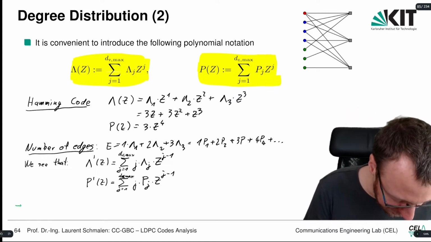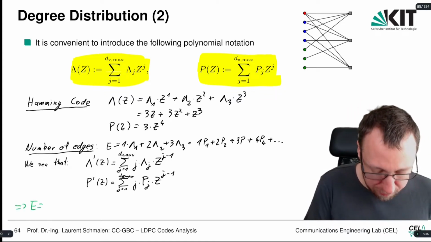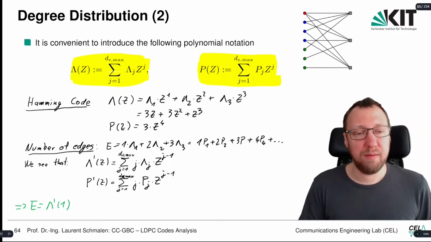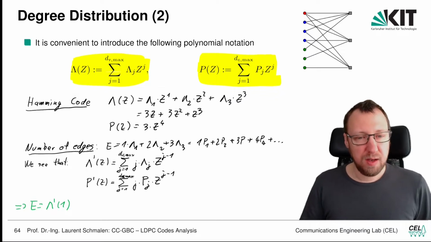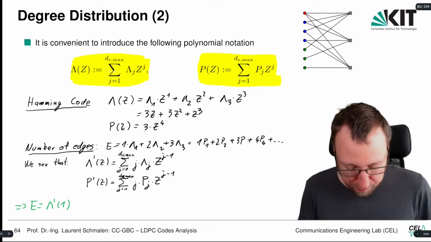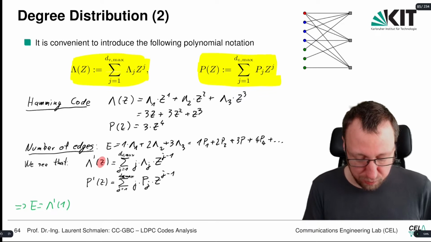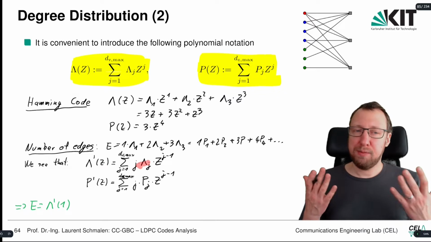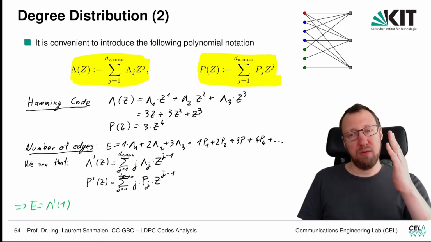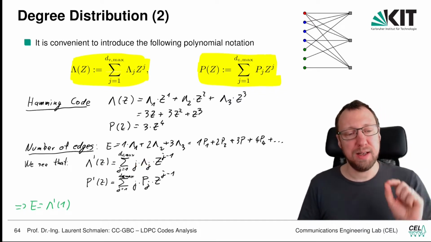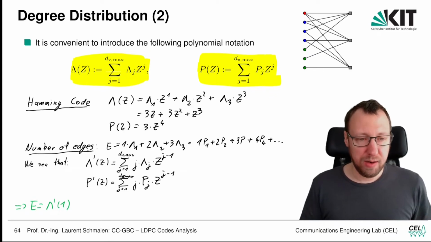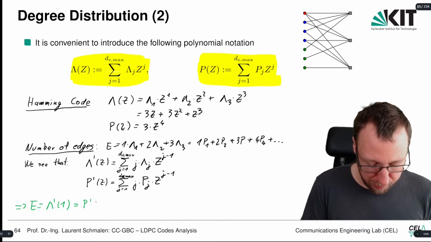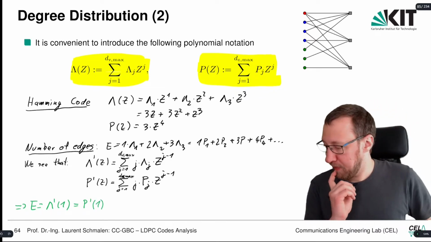So the number of edges is given by lambda prime of 1. You see this by comparison. If you insert Z equals 1, you get the sum of J times lambda J. So you take the derivative of this polynomial lambda of Z and you insert Z equals 1, and then you get the number of edges. Or this is equal to P prime of 1.